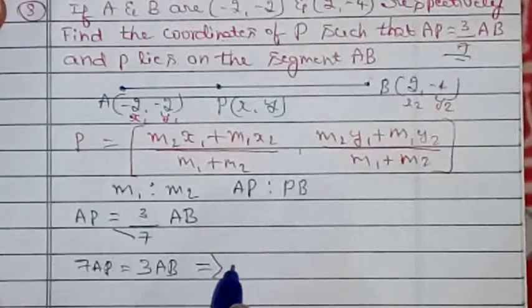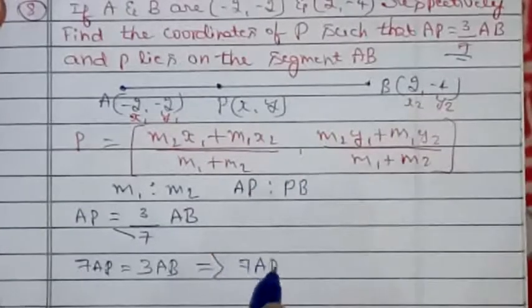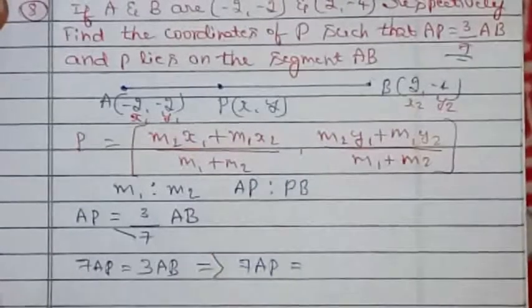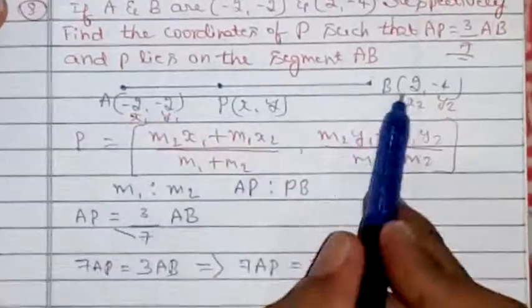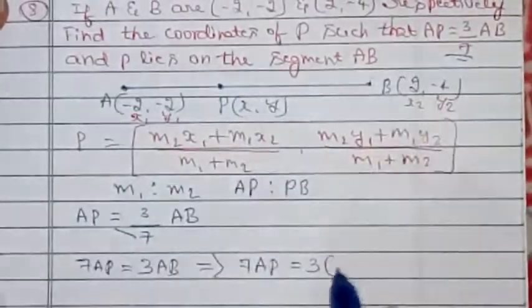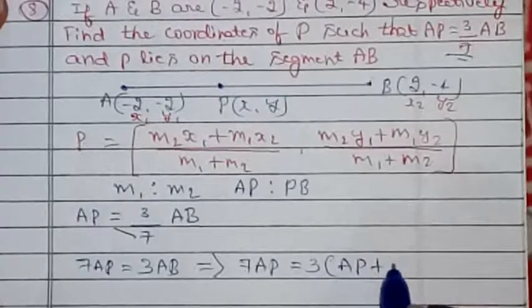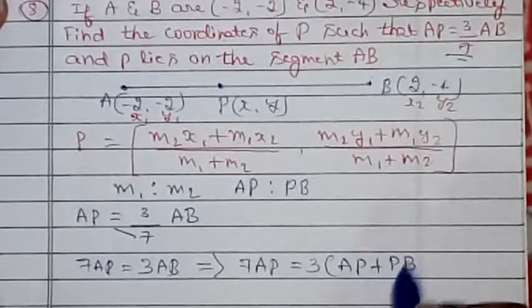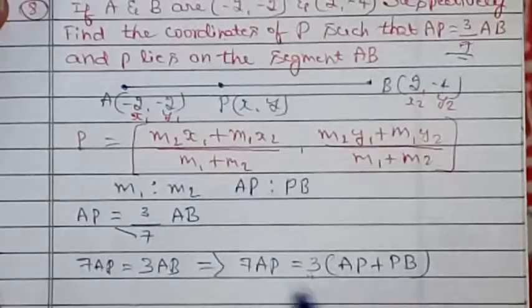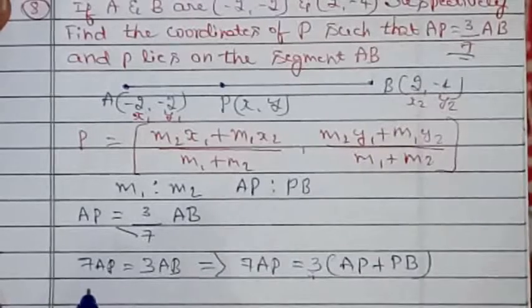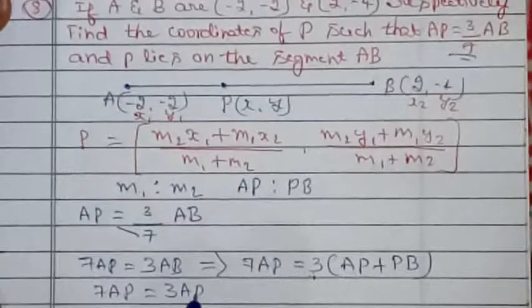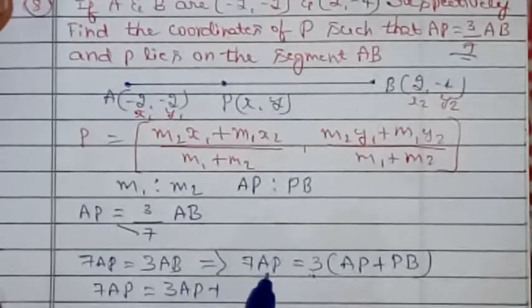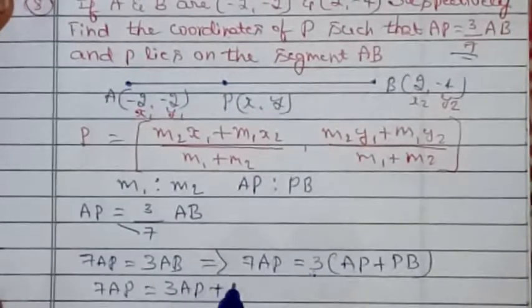So 7 AP remains the same, equal to 3 into (AP plus PB). Now just multiply 3 to this. So 7 AP is equal to 3 into AP is 3 AP plus 3 into PB is 3 PB.